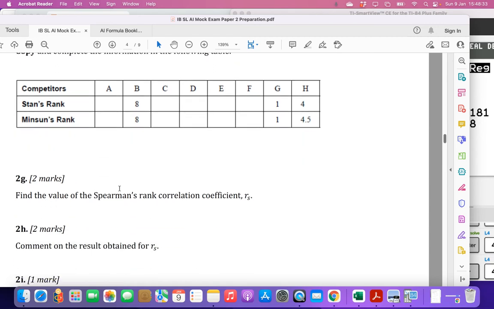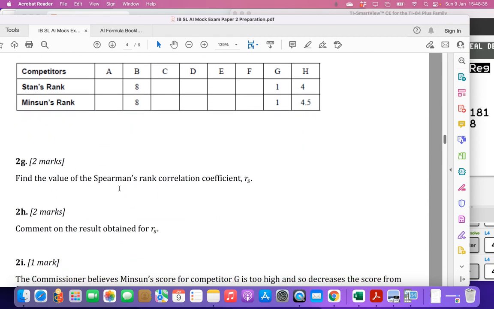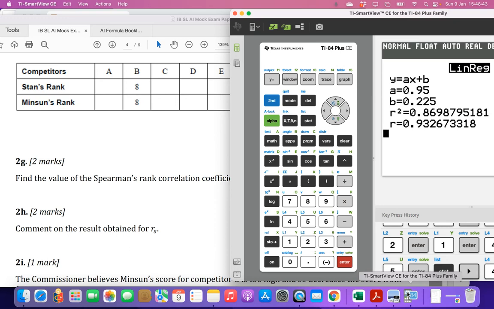So we copied and completed the table. 2G: again, list 1 are Stan's ranks and list 2 are Min Sun's ranks, and then we did a Lin Reg on that.